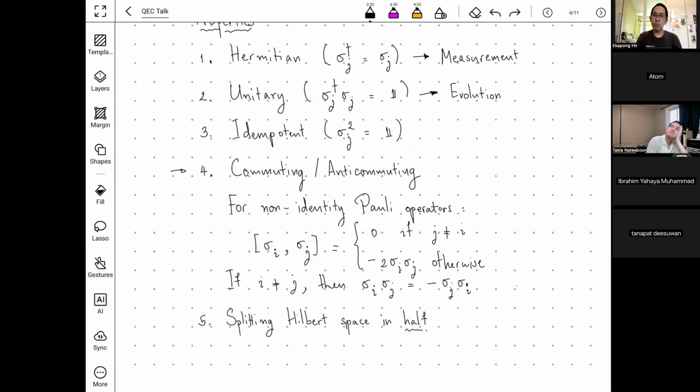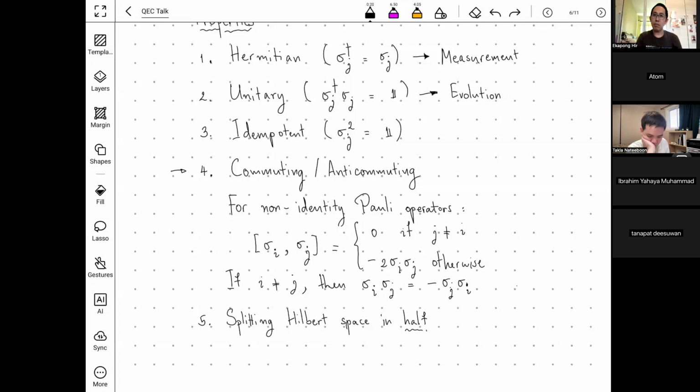Is this general for any stabilizer formalism, or does it depend on using the Pauli operators? I'm really not sure about that, because I haven't seen any stabilizer formalism that doesn't use the Pauli operators. Because the Pauli operators are easy to measure.